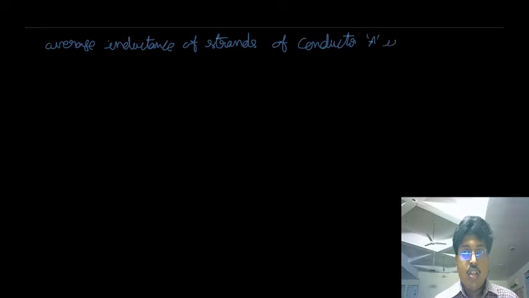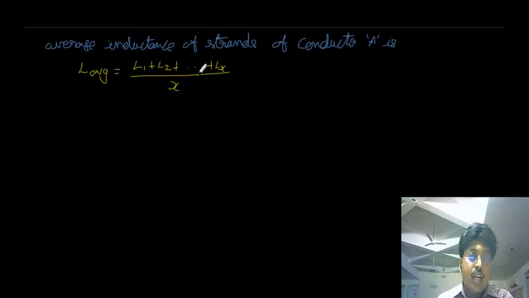For this I have taken the average inductance of strands of conductor A. L average is equivalent to the sum of the strand inductances L1, L2, so on Lx, by x number of strands. This is the L average.